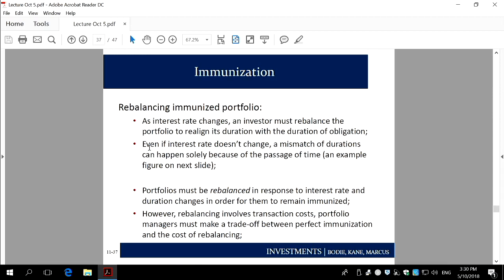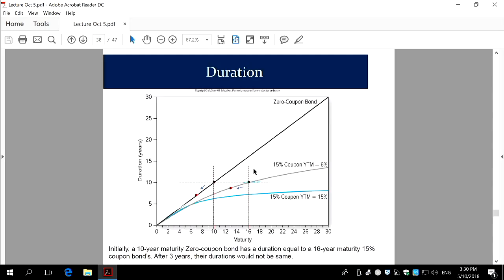And the second thing is, even if the interest rate doesn't change, a mismatch of duration could happen solely because of the passage of time. So what I mean is, suppose today you want to do an immunization, then you have a zero coupon bond on your asset side, and a 15% coupon bond, with years to maturity on the horizontal axis and the vertical axis being the duration, right?